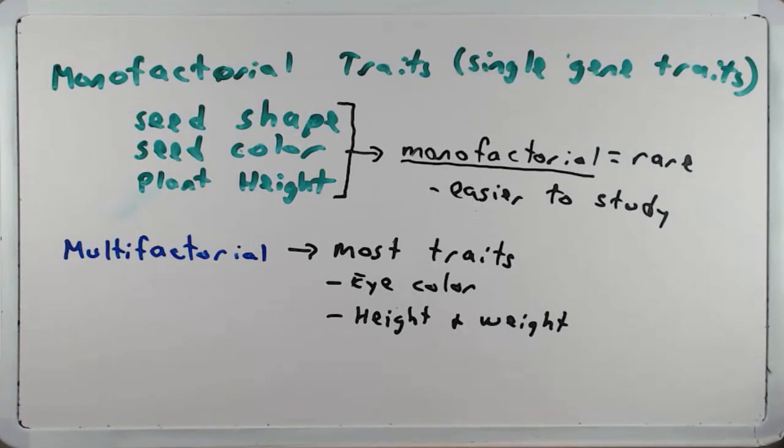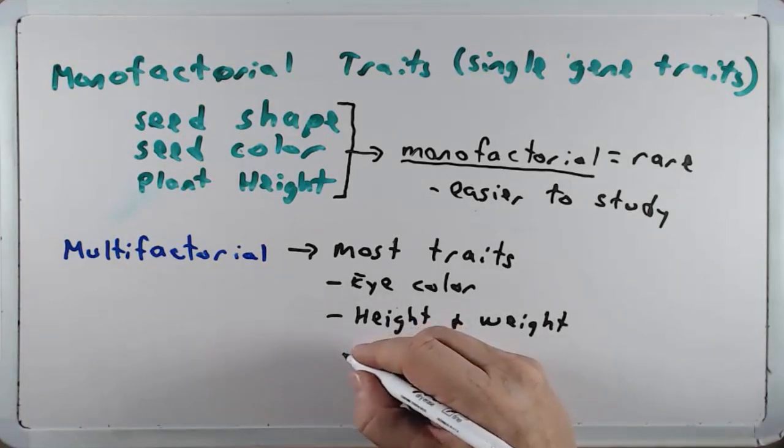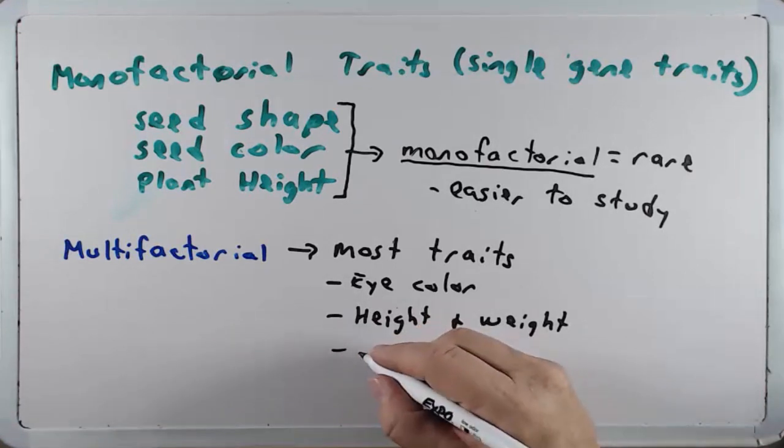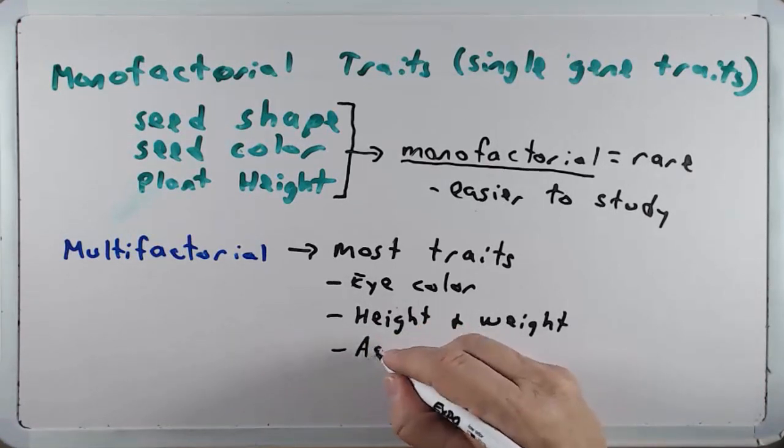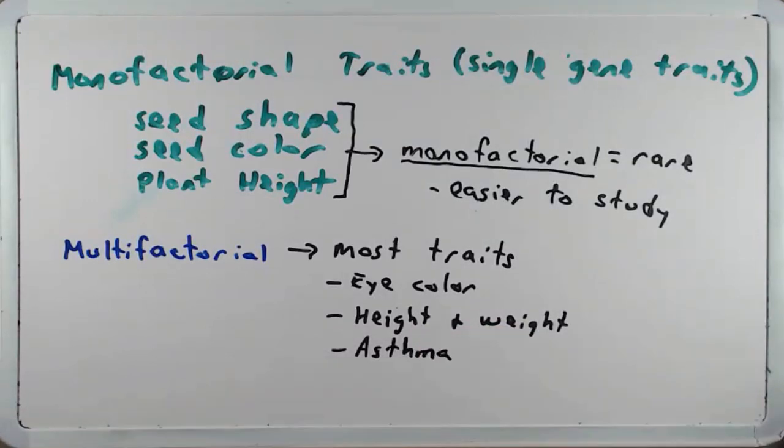We also know health conditions and diseases can be multifactorial. And I could list several, but let me just throw down something like asthma. We know there is a genetic link to asthma, but we also know that there are certain environmental factors that can make asthma better or worse. So it would be considered multifactorial.